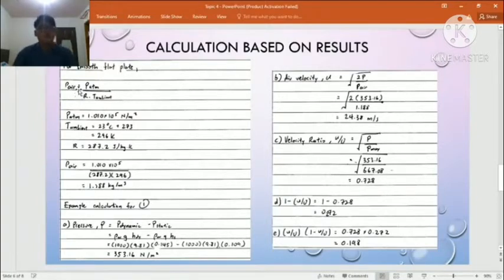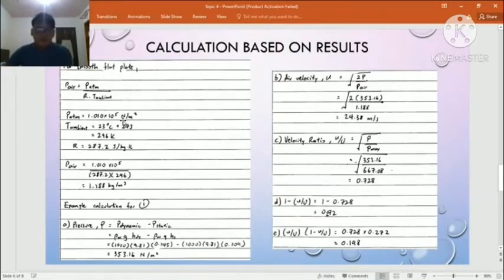The formula for the air density is the atmospheric pressure divided by the gas constant multiplied by the ambient temperature. From the module, they have given the value of atmospheric pressure, which is 1.01 times 10 power of 5 Newton per meter square.